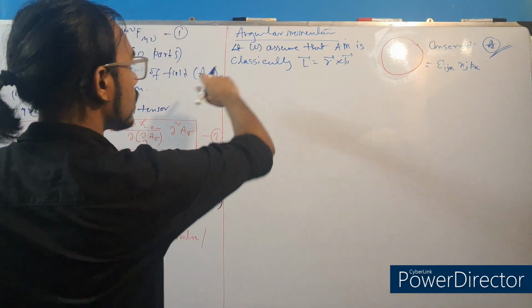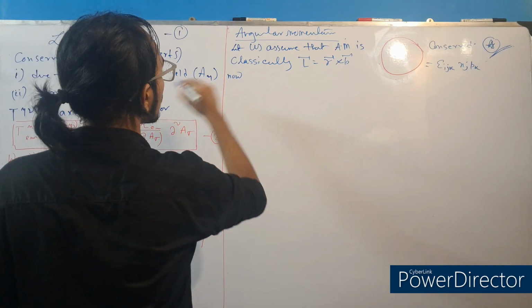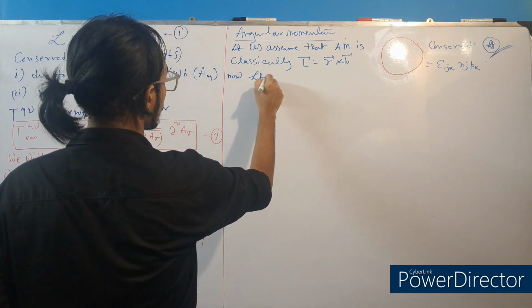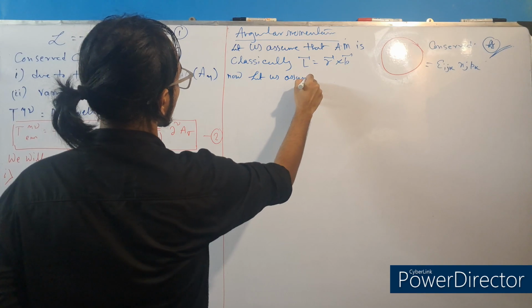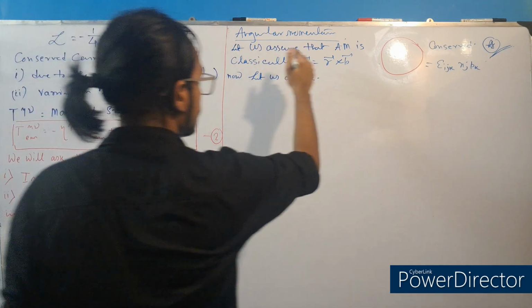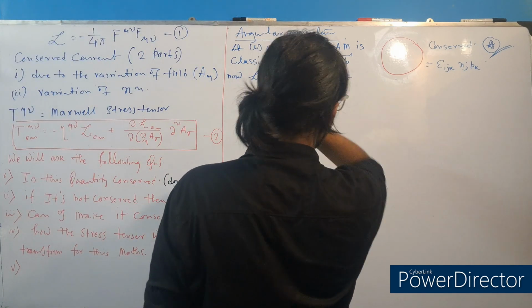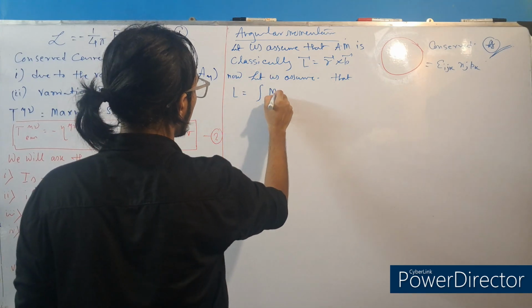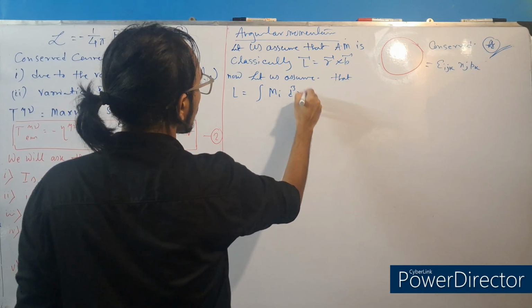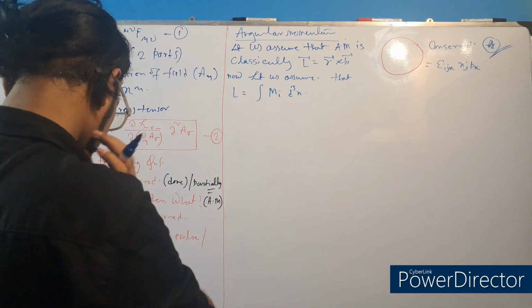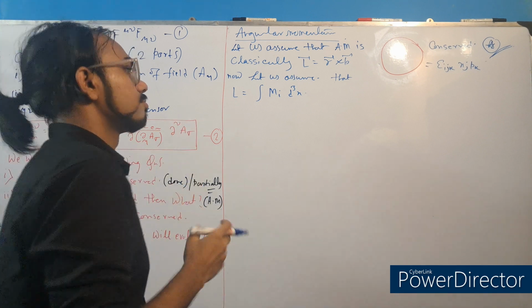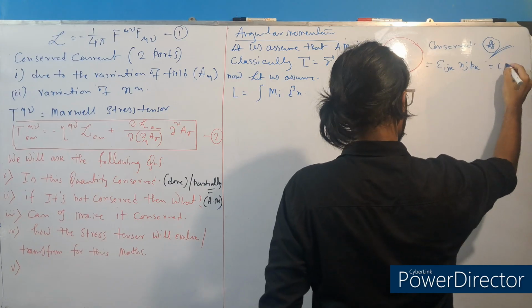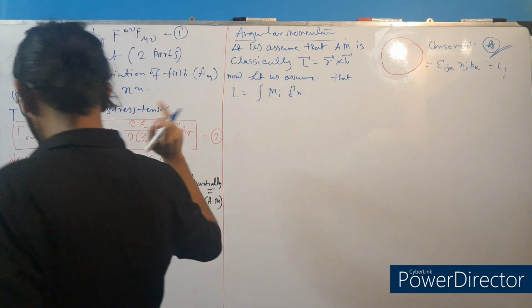Now let us assume that L is equal to some kind of thing mi d3x. Okay. Now this is Li. That's why I taken the mi.